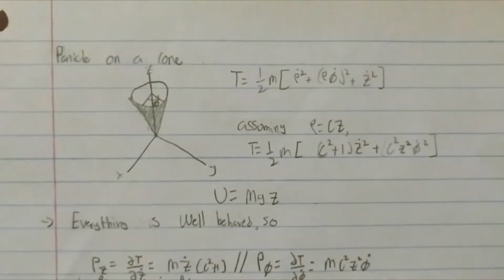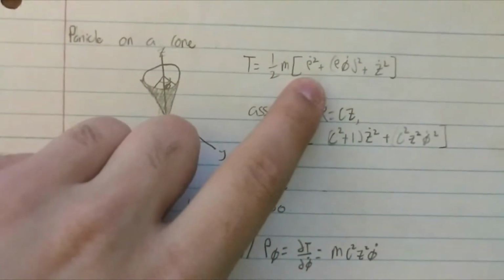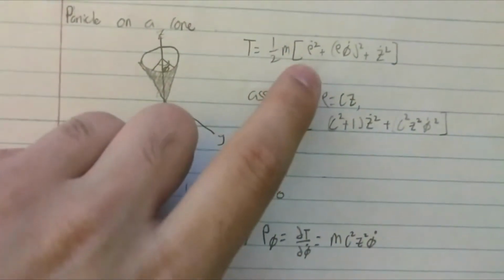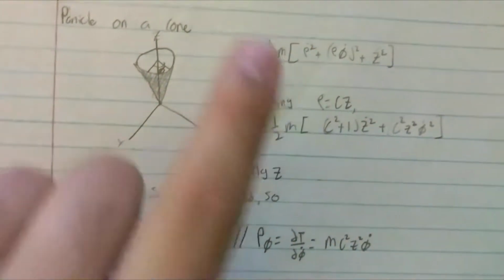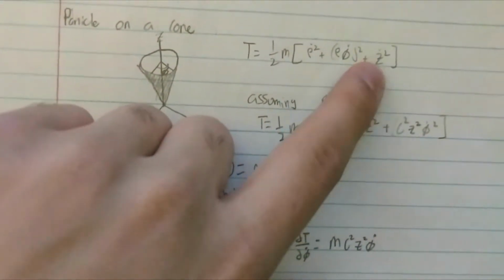Anyway, first step, you write your kinetic energy, which is 1/2 m (rho dot squared plus rho squared phi dot squared plus z dot squared). So this is the radial direction, this is more of an angular direction, and this is the vertical direction.